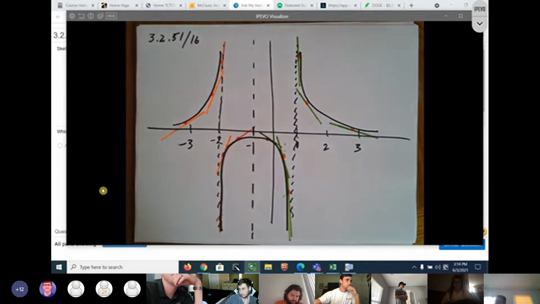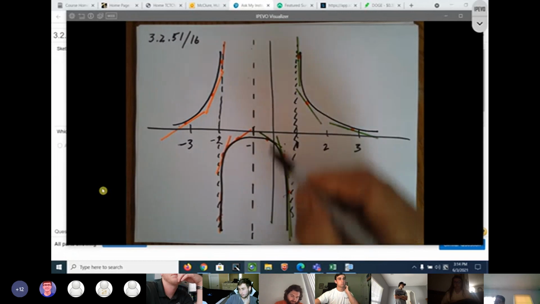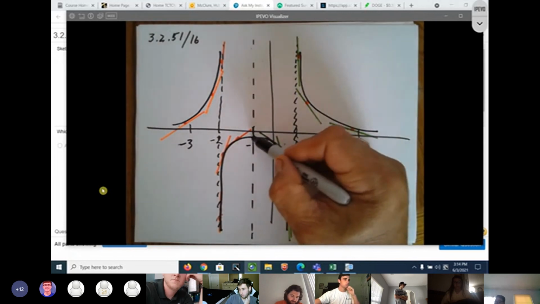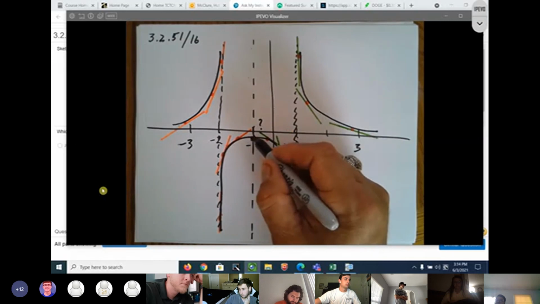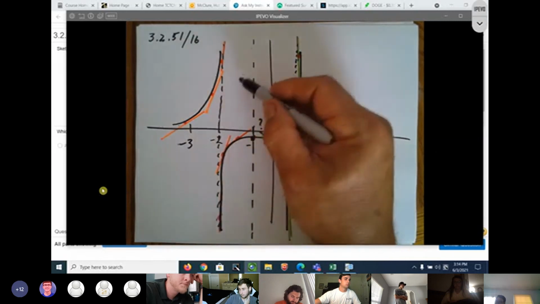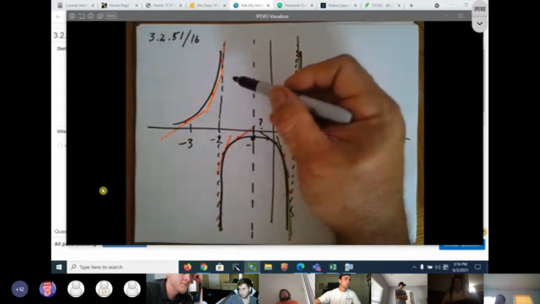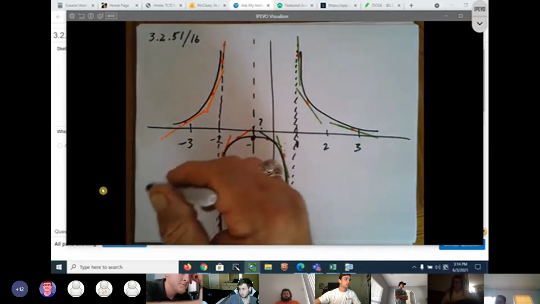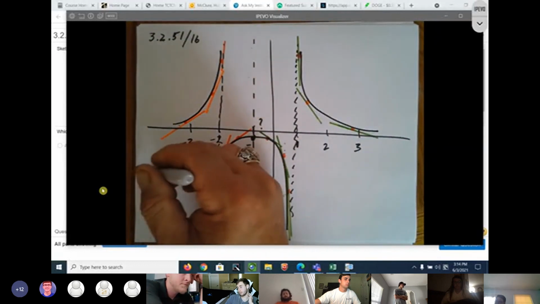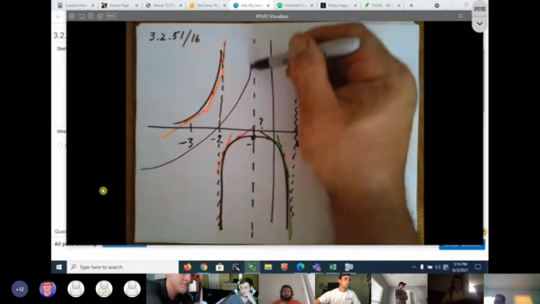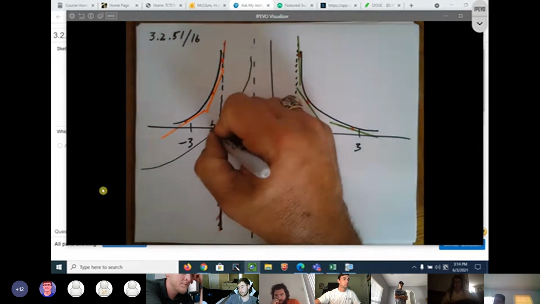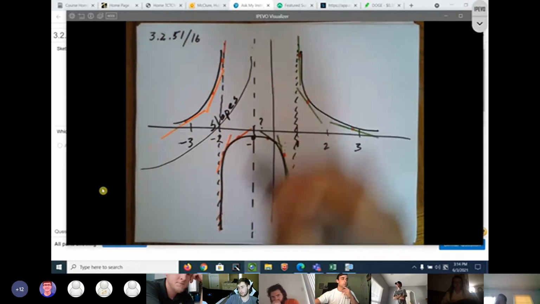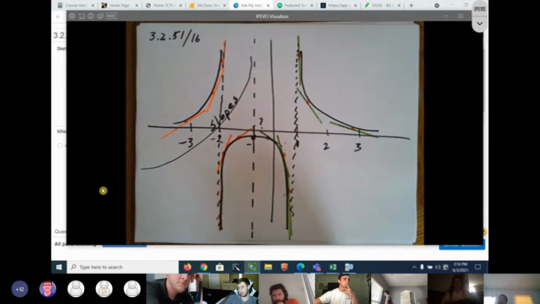What I'm trying to show you is that up until this point right here, wherever the vertex is, these are all positive. So your function is increasing, as far as the slopes. Does everybody understand that? The slopes are all positive. They're all increasing.